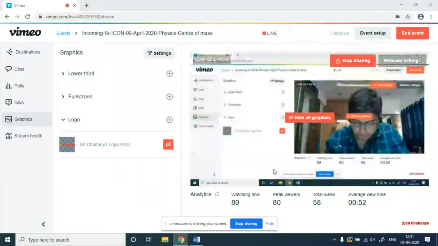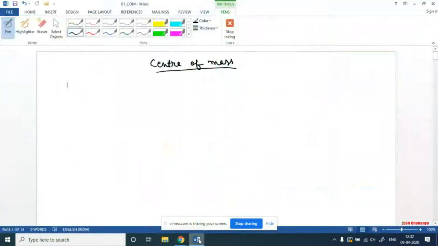Here I am going to share my screen with you so that I can write. So, center of mass of a system of particles. The position vector of the center of mass of a system of particles will be defined as the summation of mi ri upon summation of mi.